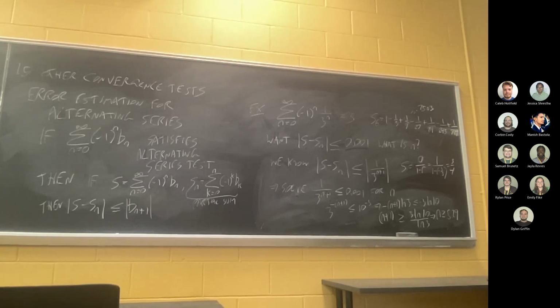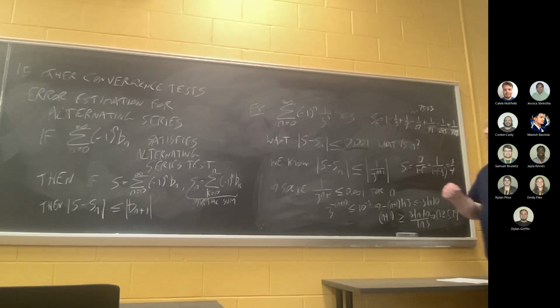Will it ever say if it's 1,000 above or below the actual sum? Can you ever figure out if it's going to be above or below? Actually, yes, you can, depending upon whether it's computing an odd or even partial sum.